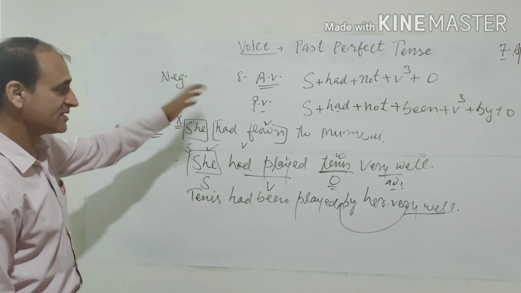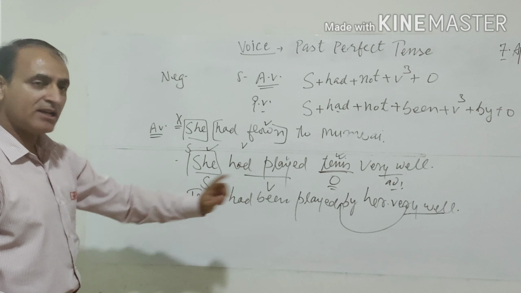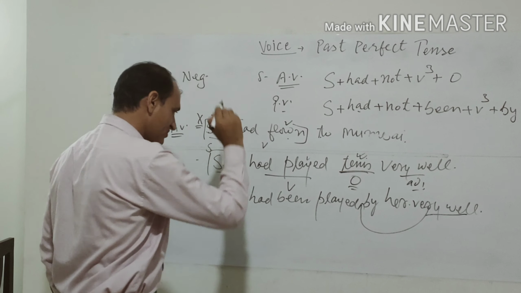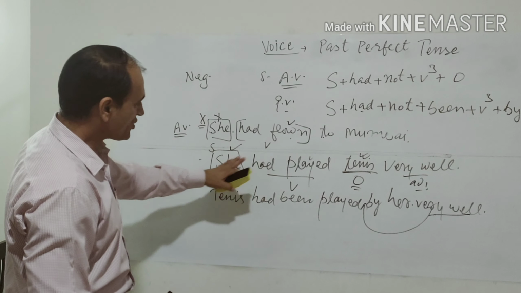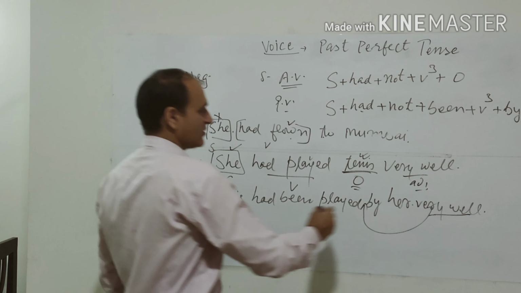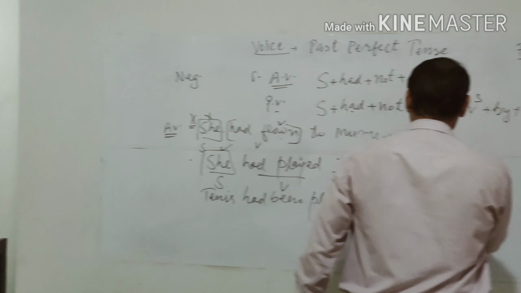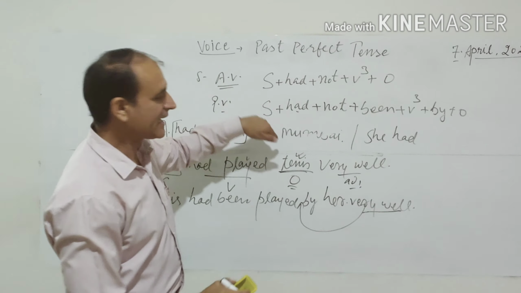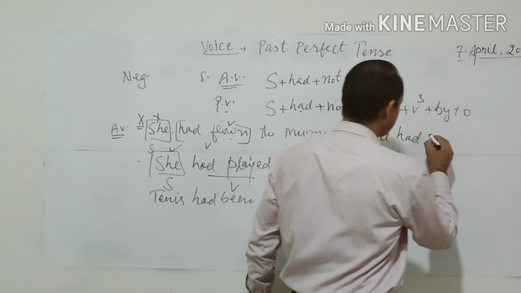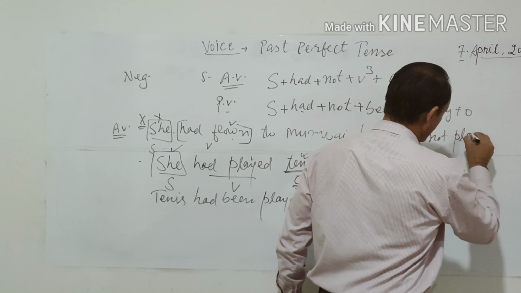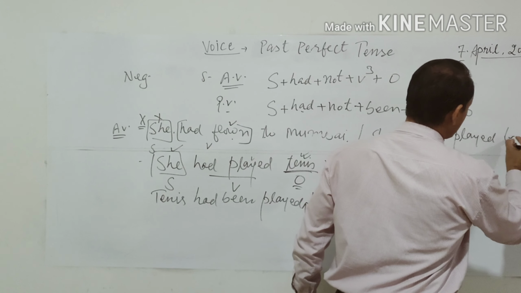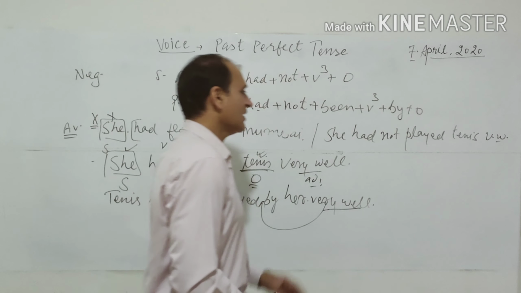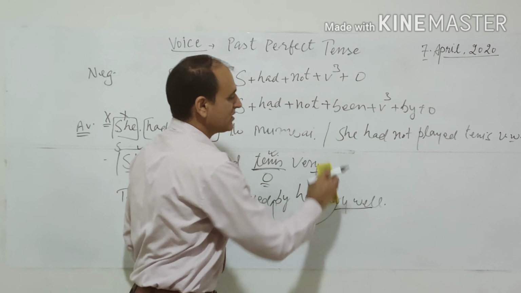Now let's change this sentence first into negative, active, and then passive. So she had flown to Mumbai. We can't change this one, leave it. Moving to next, she had played tennis very well. So let's change the subject first. She had played, in negative becomes had not played. Had not played what? Tennis, very well. This is our negative sentence in active form.